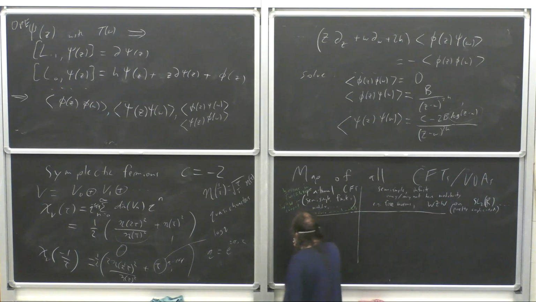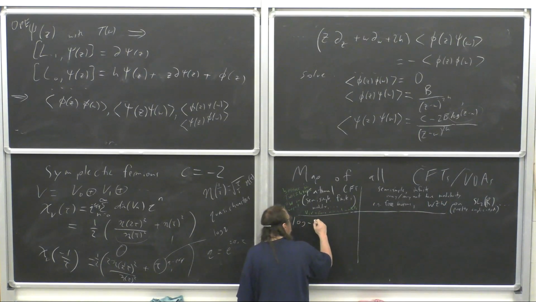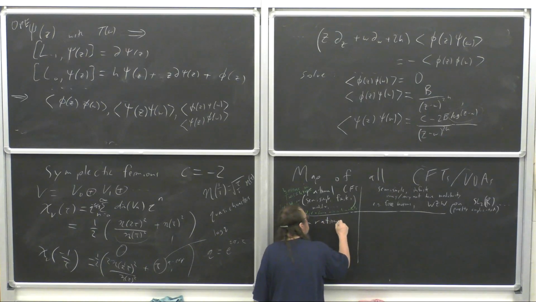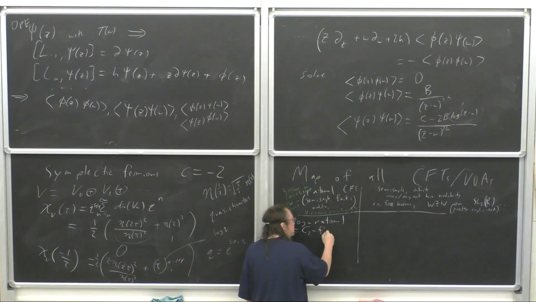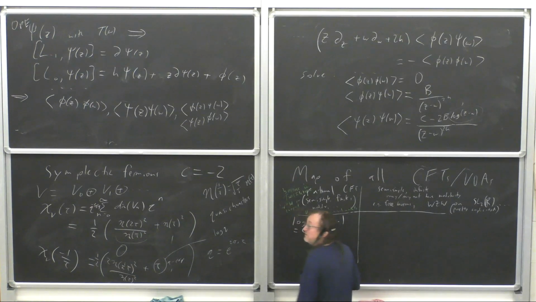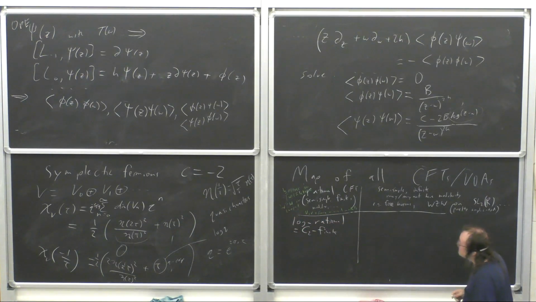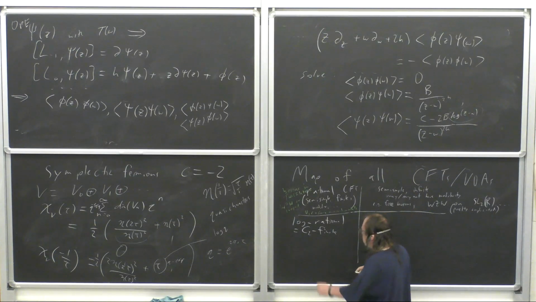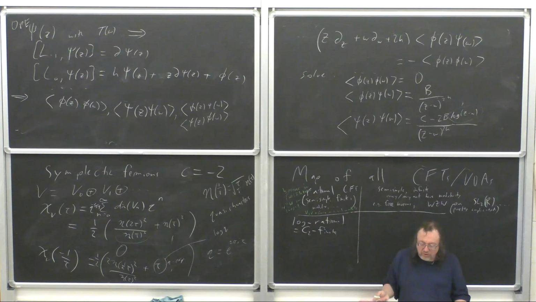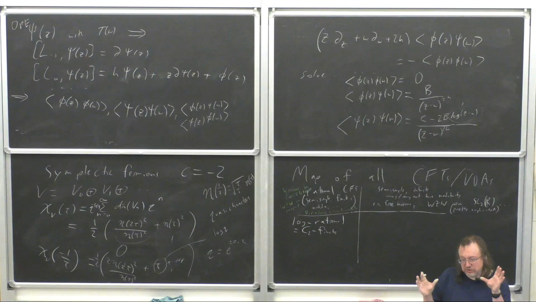So we have what you could call log rational theories. Another word that's used, and I'm not going to have time to get into why it's called this, is C2 cofinite VOAs. The reason is that to any VOA, you can assign certain quotients.